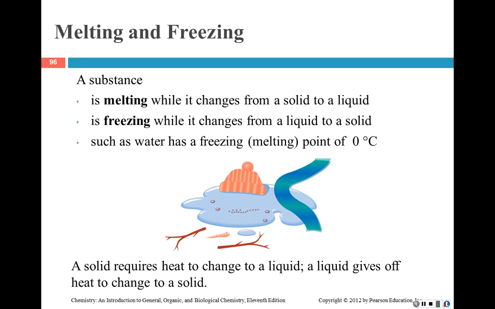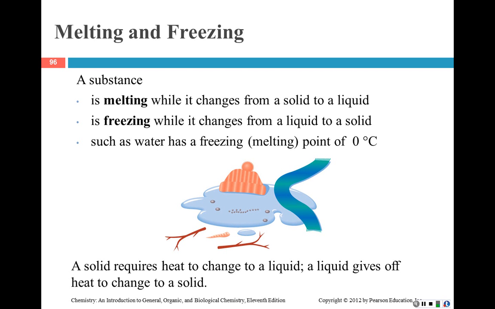So water has a freezing or melting point, depending on which way it's going, of 0 degrees Celsius. So a solid requires heat to change to a liquid, or a liquid gives off heat if it changes from the liquid to the solid.